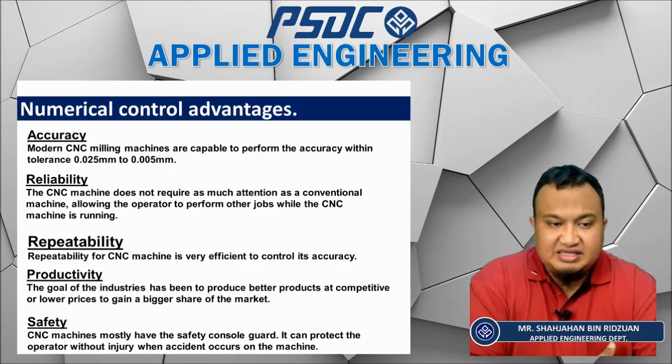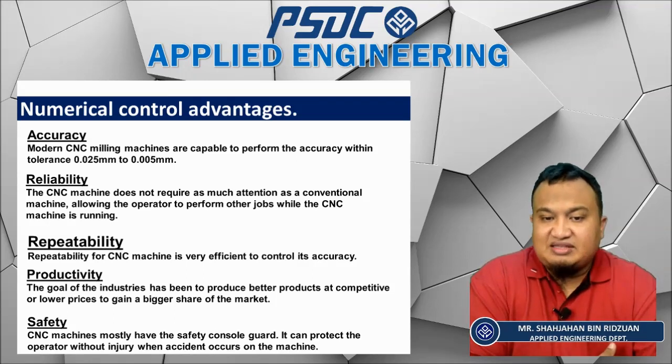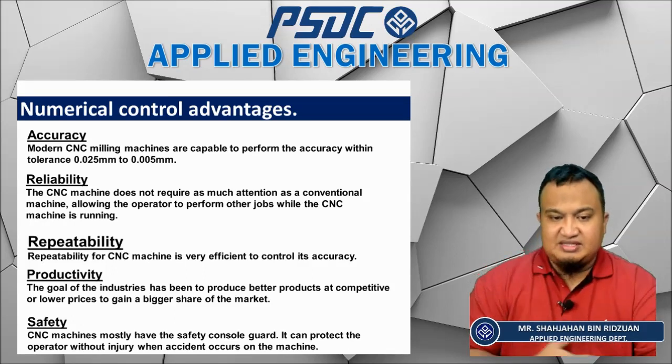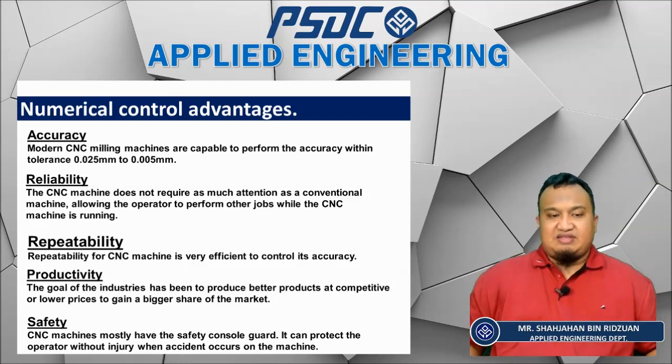And reliability: the machines do not require as much attention as conventional machines, allowing the operators to perform other jobs while the CNC machine is running. And the repeatability of the CNC machine is efficient to control its accuracy and productivity.